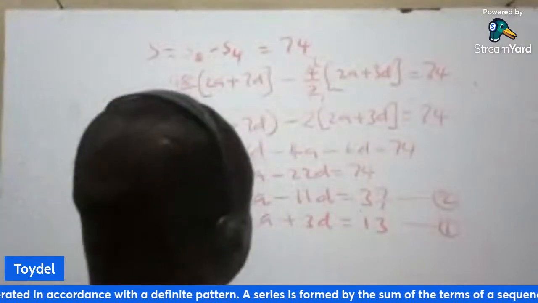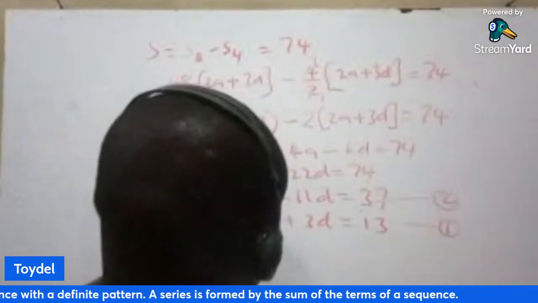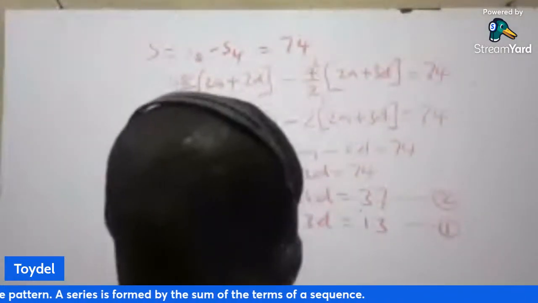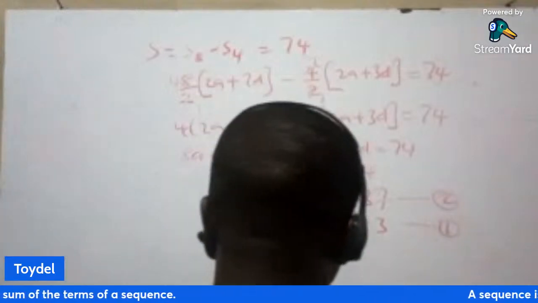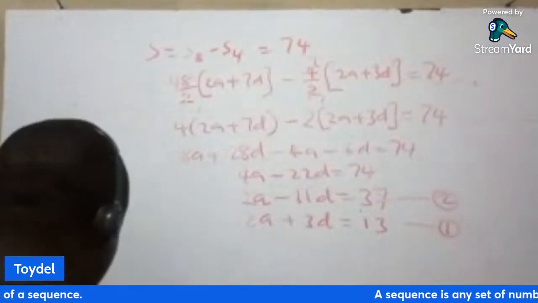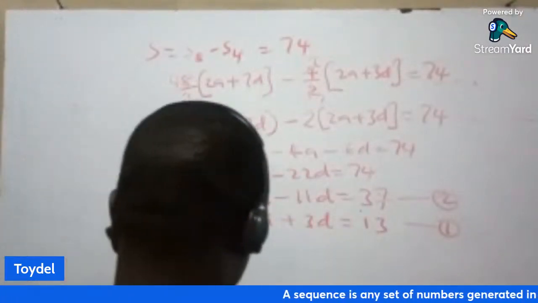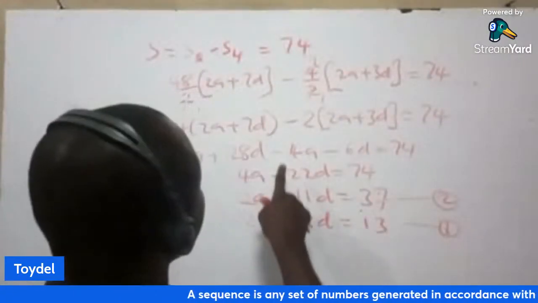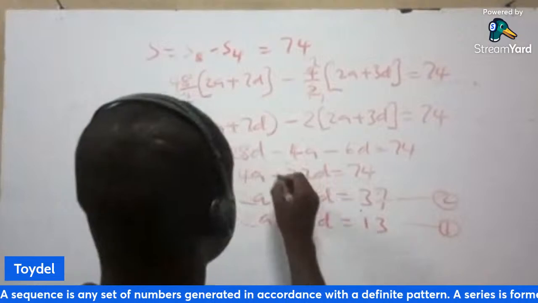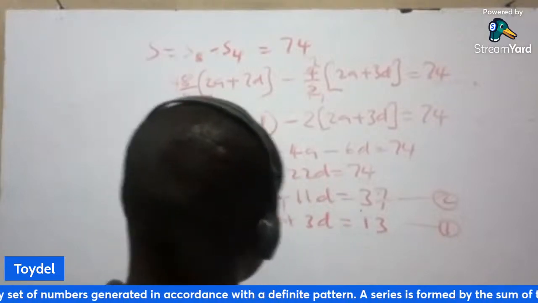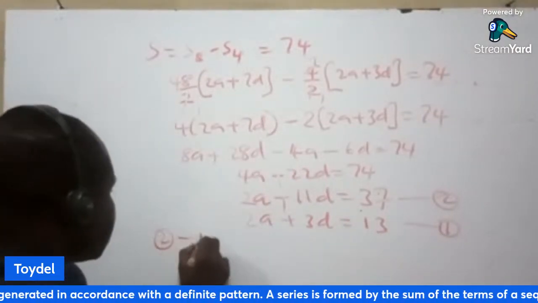Then what can we do here? If we subtract equation 1 from equation 2, then what do we get? So we say equation 2 minus equation 1.